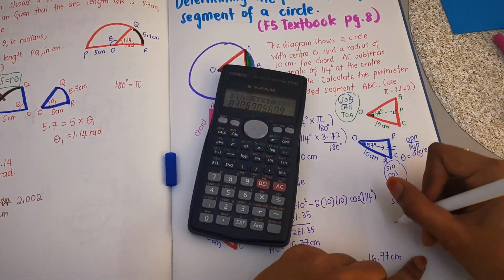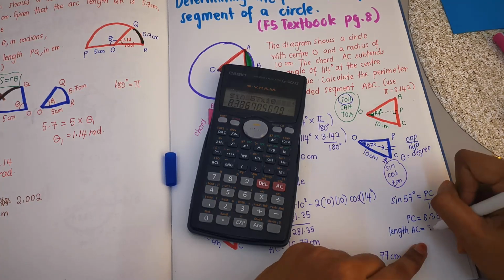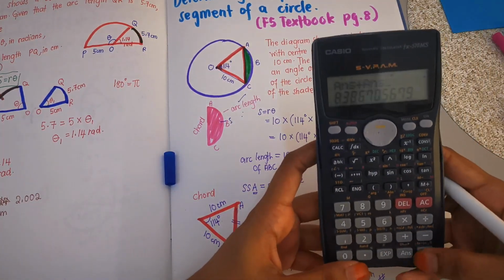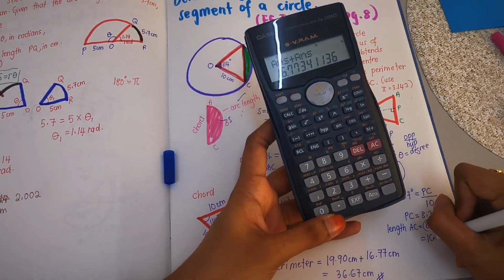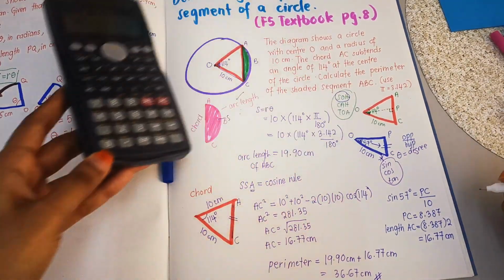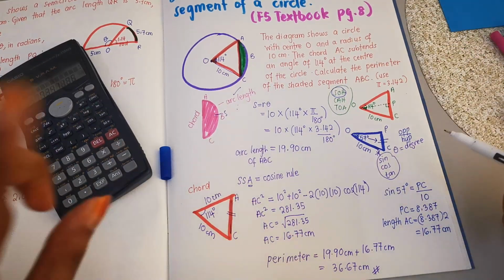So now can I find the length of AC? The length of AC will be 8.387 plus 8.387, or you can times 2, so I get 16.77 centimeter. I've shown you both so that you can choose.